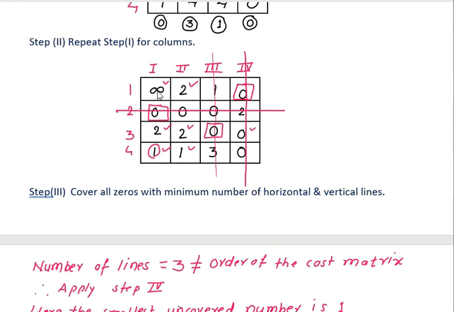Infinity minus 1 is infinity, it is an uncovered number. 0 is on the line. Do not change it. Then subtract 1 from 2 because 2 is an uncovered number. So 2 minus 1 is 1 and 1 minus 1 is 0. So infinity, 0, 1, 0.